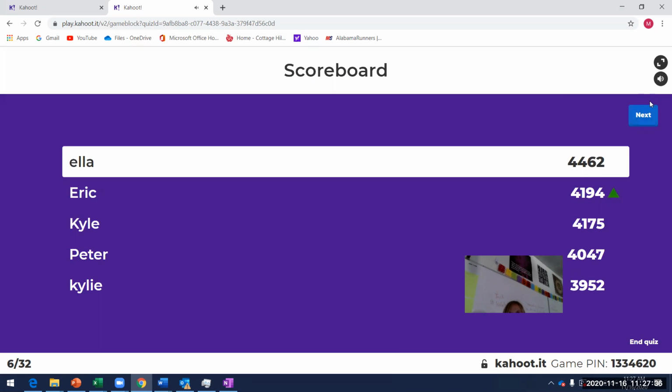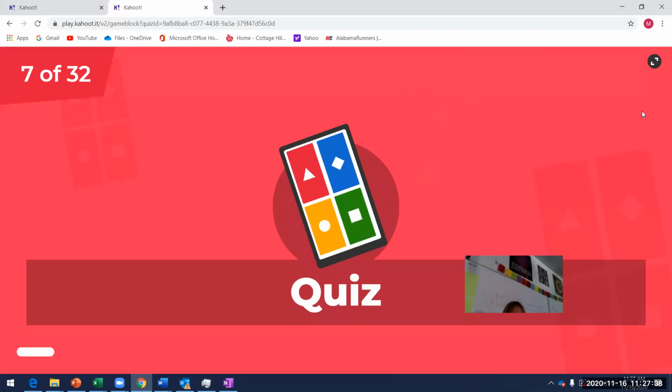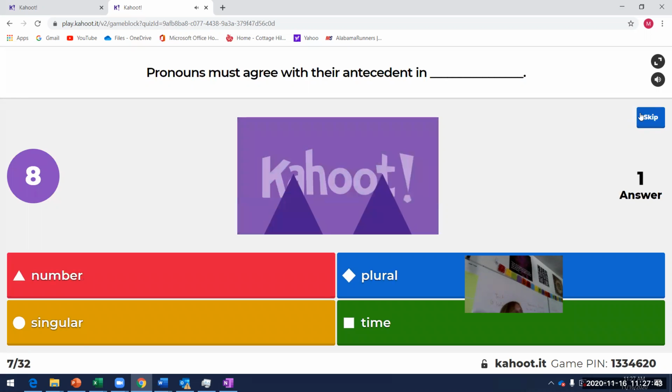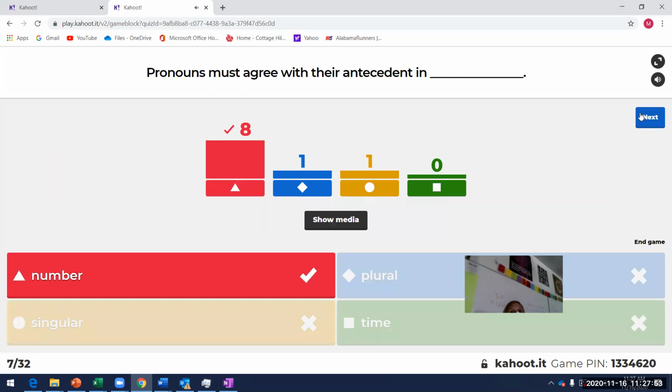A little bit of a place change there. All right, pronouns must agree with their antecedent in. Red is number, yellow is singular, blue is plural, and green is time. What's the rule? In number, very good. That means if it's a singular antecedent, take singular pronouns. A plural antecedent takes plural pronouns.